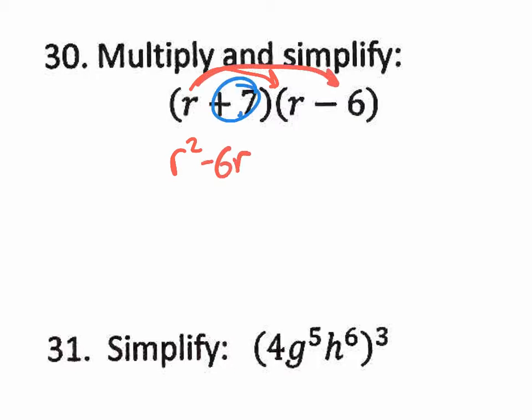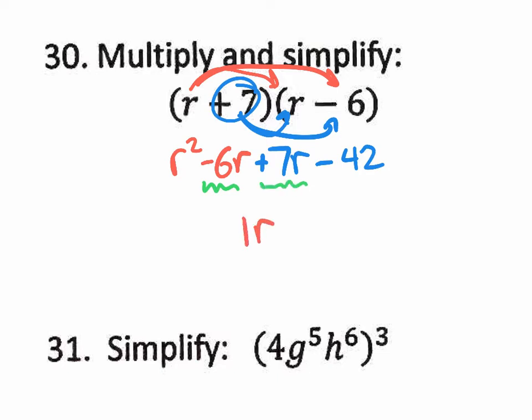Let's go 7 times r, positive 7r, and then 7 times -6, that's -42. Are you with me? And now we're just combining the middle terms, the -6r with the positive 7r. What do we get? -1 plus 7 gives 1r. You don't even need the 1 really, it's just positive r. So let me bring down what I have left. I have an r squared, I have the plus 1r, I have the -42.